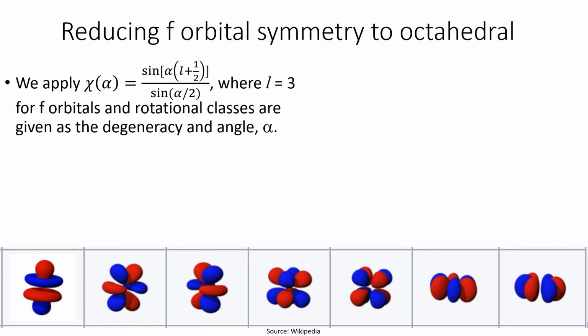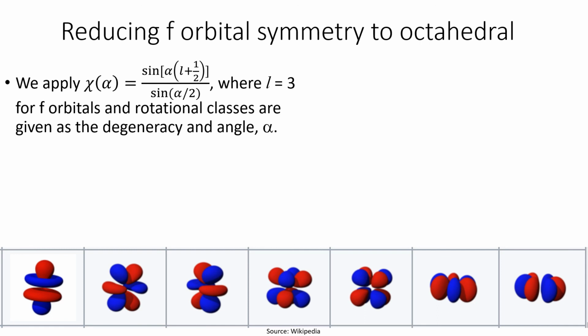So for the case of the f orbitals, when we reduce those to octahedral symmetry, we're going to expect the U parity label on all of those. It's the same idea. We've got L equals 3 this time, so we've got 7 orbitals, we can have a 7 by 7 matrix, and we can have L equals 3 in the formula for working out the representation characters.